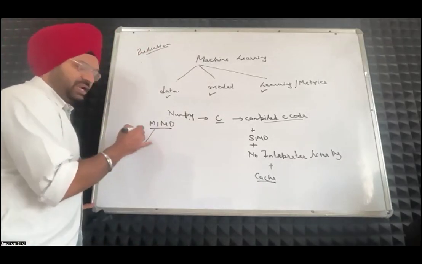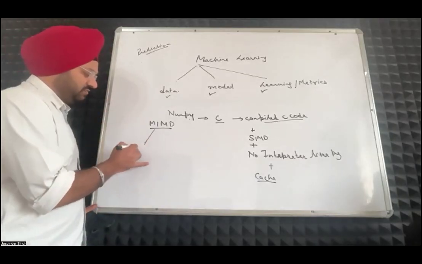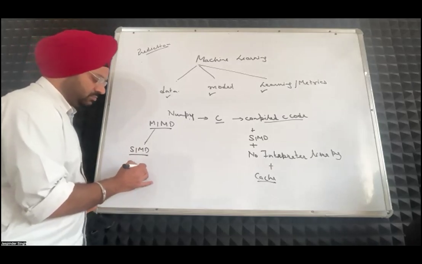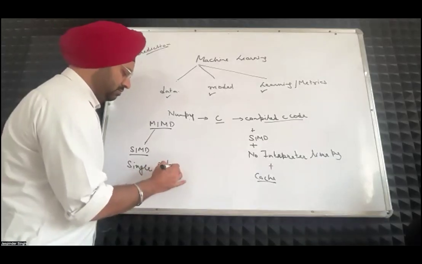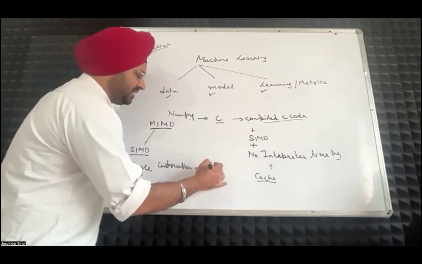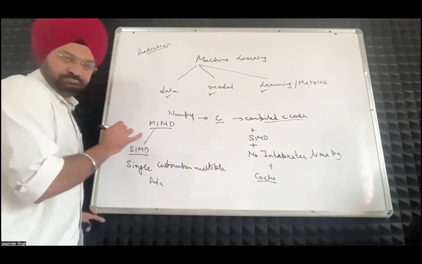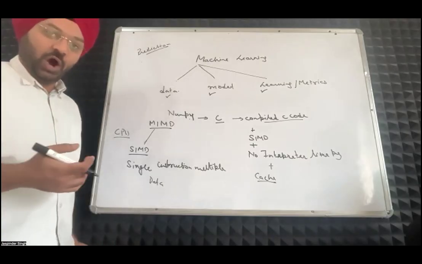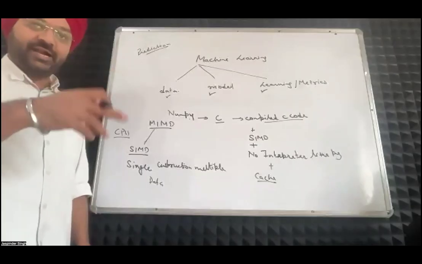And in addition to multiple instructions, multiple data, for a single instruction we have SIMD. That is single instruction, multiple data. That is in the case of CPU. All right. Super fast. On multiple data, we can do parallel operations.